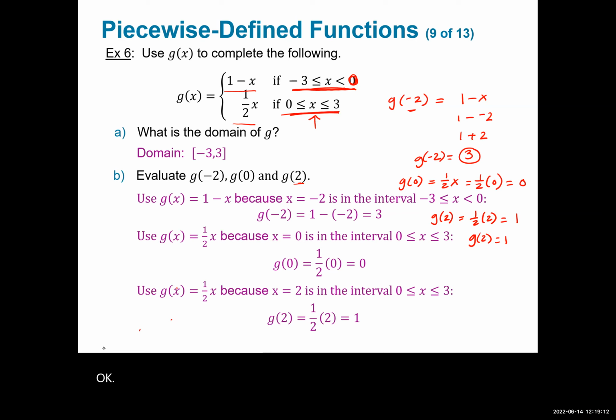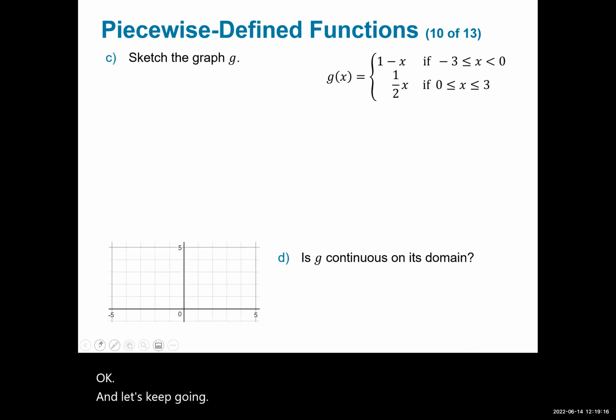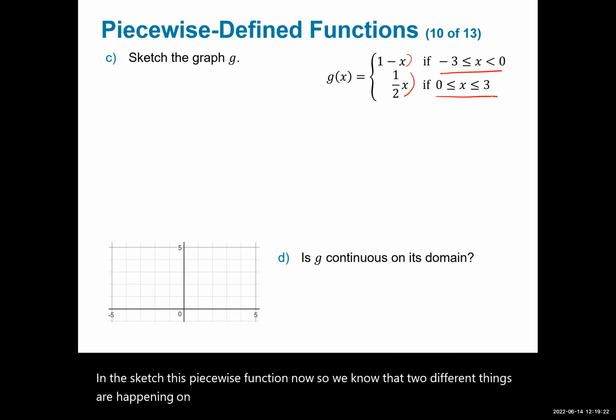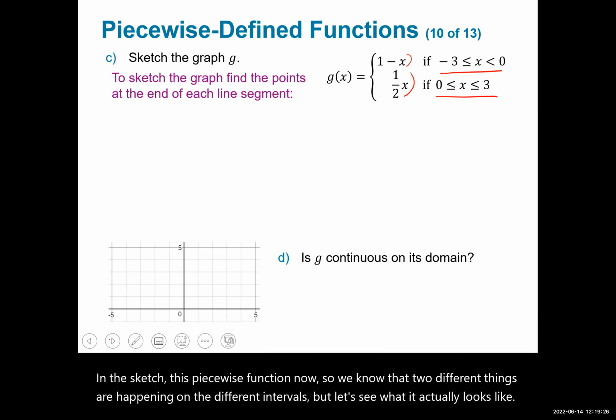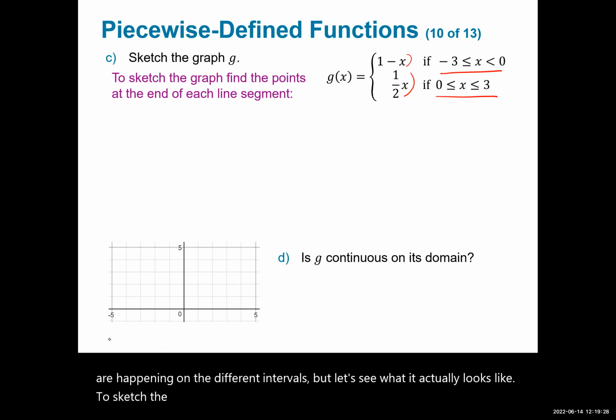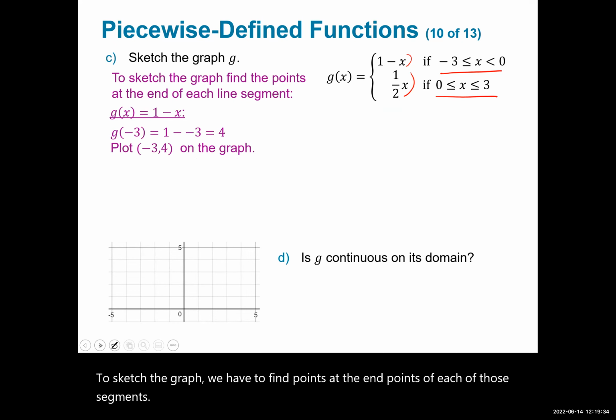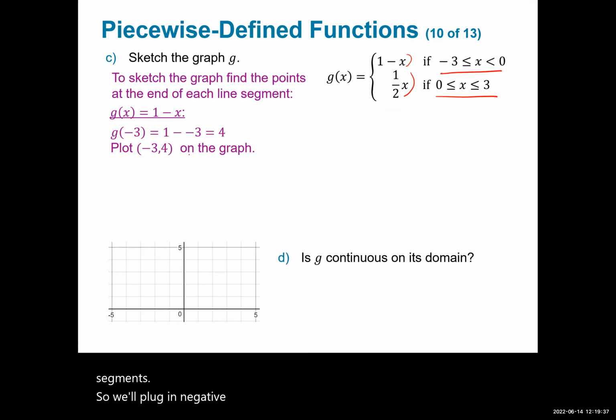And let's keep going. We're going to sketch this piecewise function now. So we know that two different things are happening on the different intervals, but let's see what it actually looks like. To sketch the graph, we have to find points at the endpoints of each of those segments. So we plug in -3 and we get -3, 4.